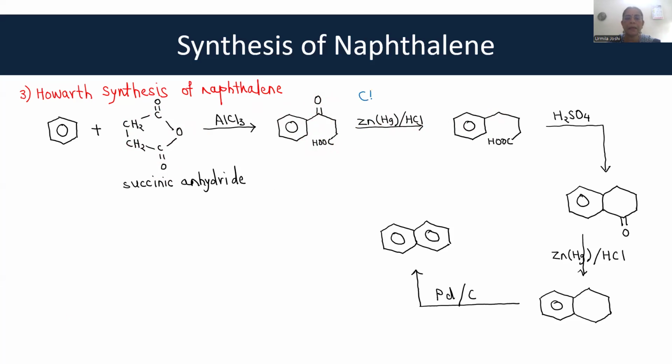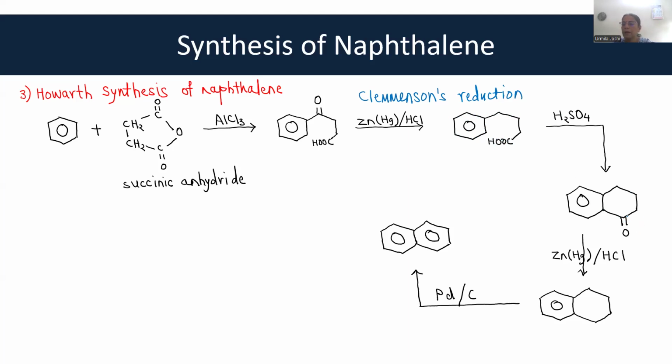This reaction is Clemmensen's reduction, where a carbonyl group is converted to a CH2 group. Now, a fusion occurs just like the previous reaction. There is sulfuric acid. It converts OH to a good leaving group that leaves and a bond is formed between the carbonyl carbon and the ring.